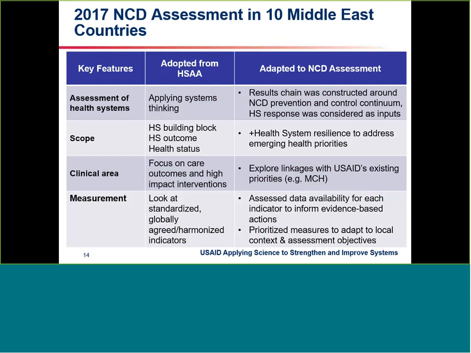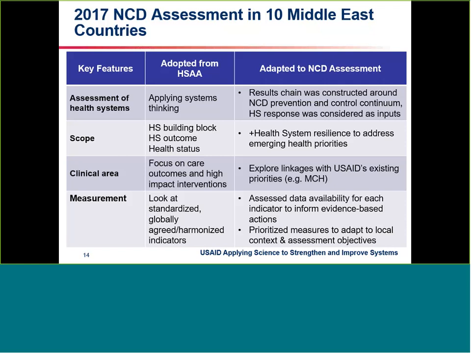So first of all, applying systems thinking, we developed a conceptual model of the assessment where the result chain was considered around the NCD prevention and control continuum, and health system response with all its elements was considered as inputs.